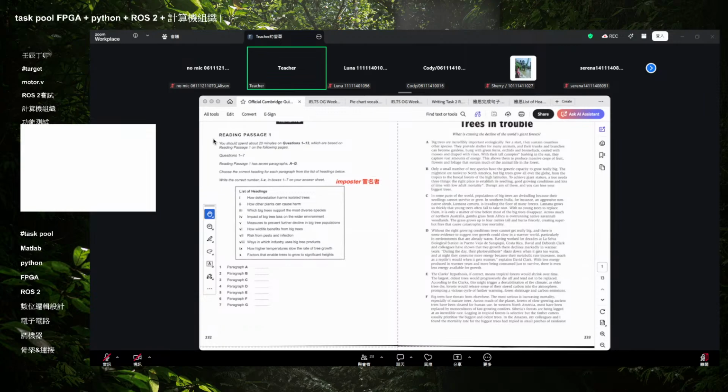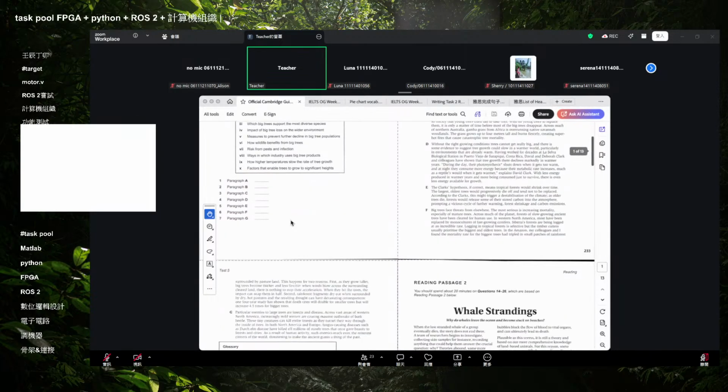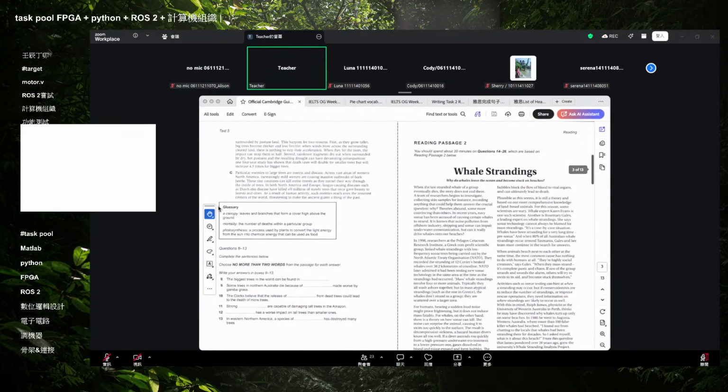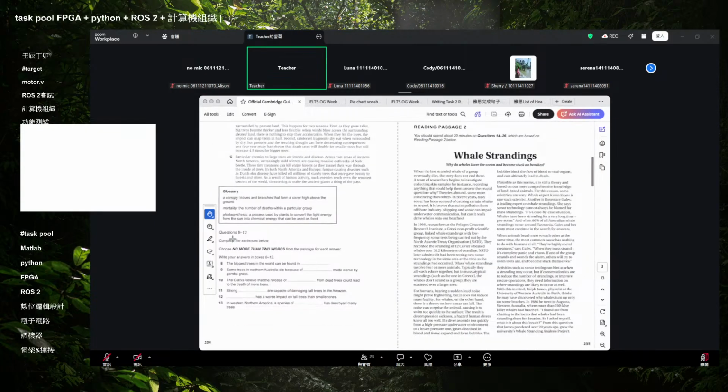Now, the second set of questions, apart from the list of headings for these trees in trouble, refers to the contents of sentence completion. Sentence completion usually ranges about a given limited number of words. So they would say something like no more than 2 words. Okay, so when we do the sentence completion, it's quite straightforward that we need to fill in accordingly.